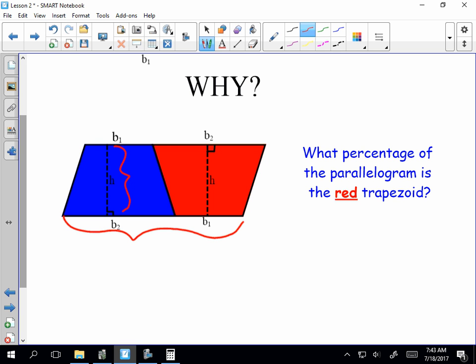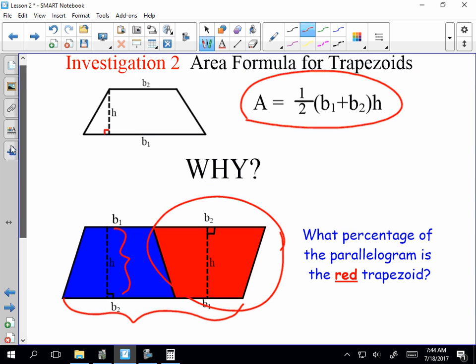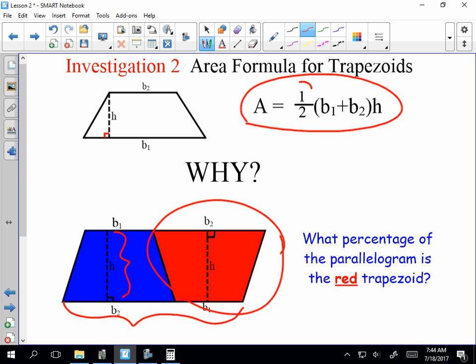But when we think about it, we're always looking at what percentage is the original trapezoid. And just like with the triangle, the original trapezoid is 1/2 of the shape that we have created. That's going to be a very common number here.